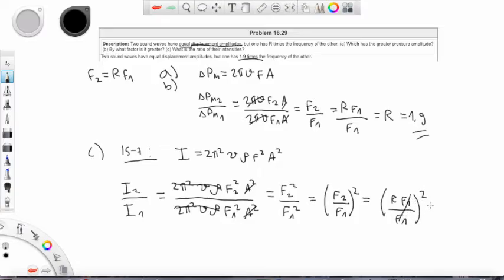These cancel out. We are left with R squared. So the ratio of their intensities is R squared, which in this case is 1.9 squared, which equals 3.61.